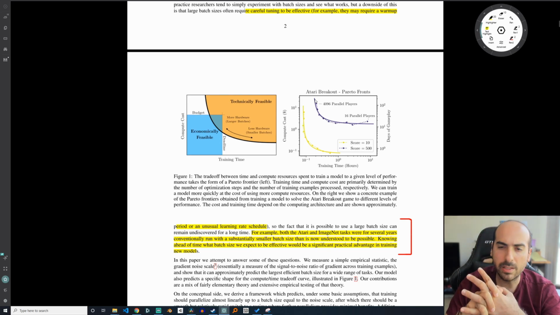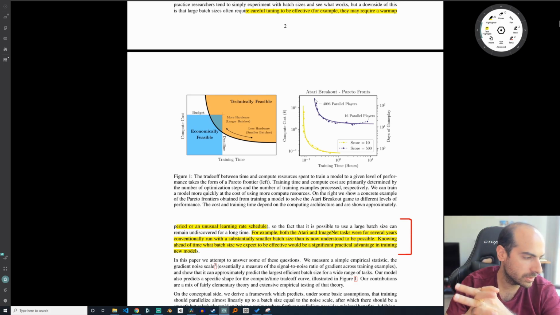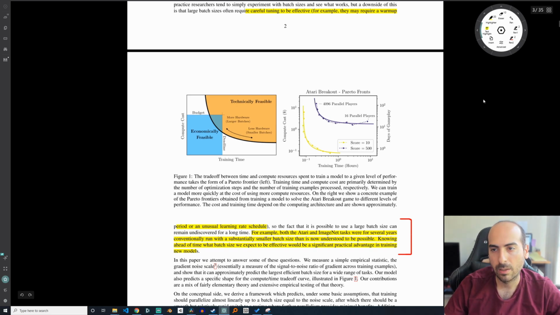Yeah, this is an interesting chart. So basically what this chart is trying to show you is that you could train, let's assume you have a fixed budget. This is the dollar amount that you can spend. Sometimes people do this comparison in flops, as in how many computations a machine can do.